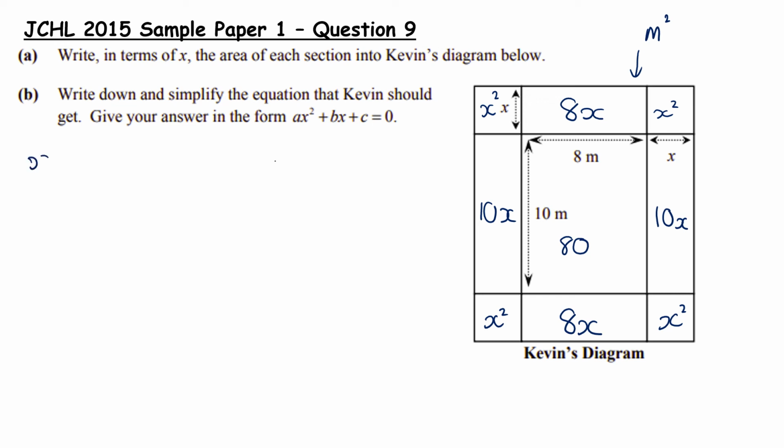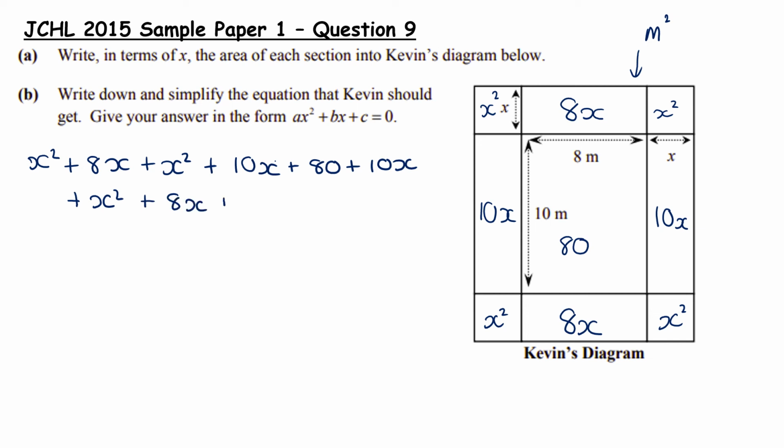So we have x squared plus 8x plus x squared plus 10x plus 80 plus 10x plus x squared plus 8x plus x squared, and that should all equal the total area which they gave us at the very start of the question, and that is 143 meters squared. I'm going to leave off the meters squared here. Everything is measured in meters squared.